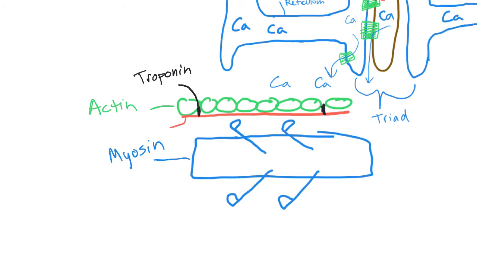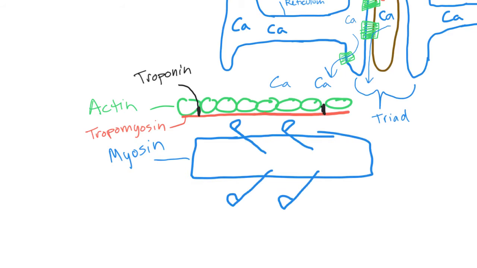And in red here, tropomyosin. So at rest, the binding sites are being blocked by the tropomyosin. So there's no interaction between actin and myosin.